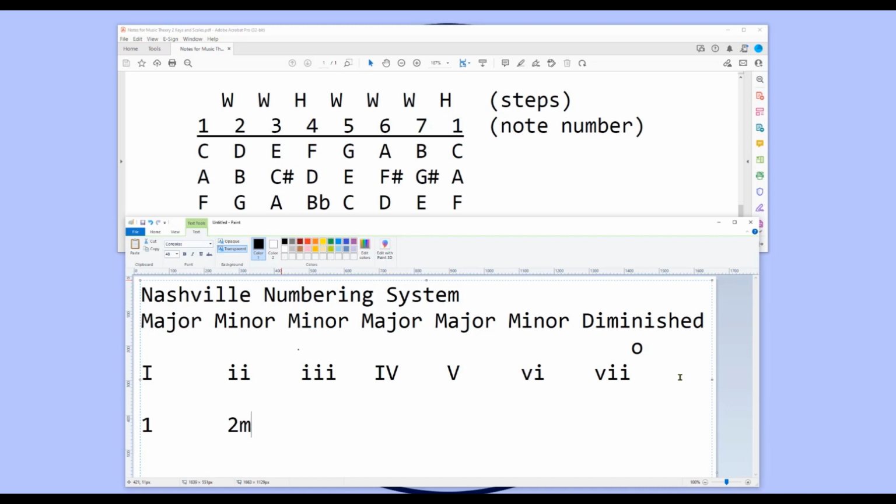We're going to do a 3 minor, 4, 5, 6 minor. This will be 7 diminished. The reason I like to do this is because it's consistent with how we write the notes or the chords anyway.